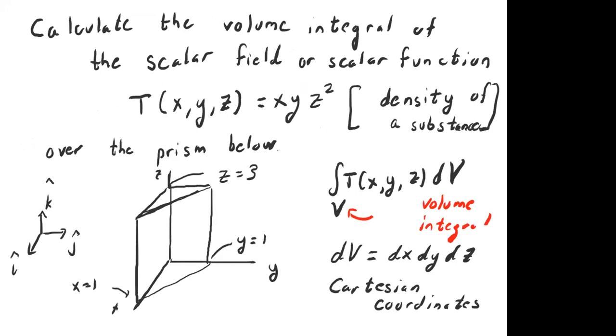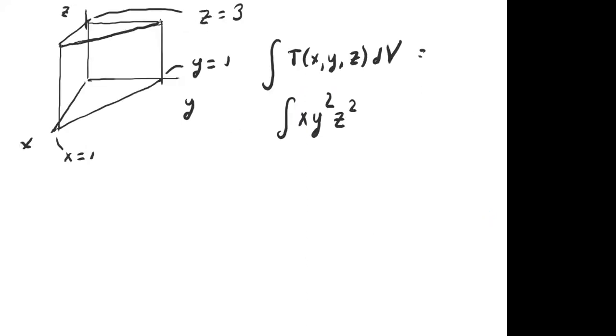Sorry. I can make this anything I want, but for this problem, the way I've set it up, that's the way I want to go. So t is my scalar field, which depends on x, y, z squared. And I know I have to calculate dv, but in three-dimensional Cartesian coordinates, that's simply dx dy dz.